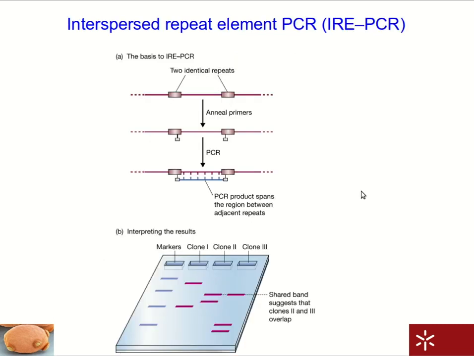As we might have understood by now, repetitive sequences cause a lot of the trouble in DNA sequencing and sequence assembly. And there are techniques to actually target these repetitive DNAs directly. We can use interspersed repeat element PCR, or IRE PCR, in order to amplify the sequence between repetitive sequences.